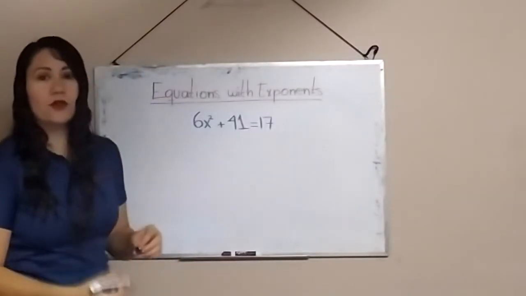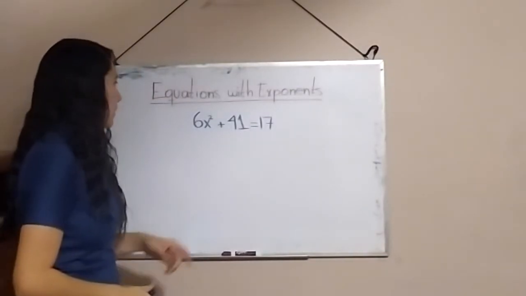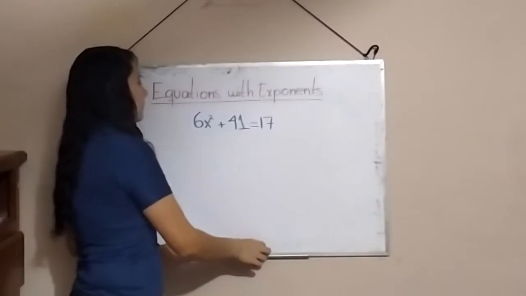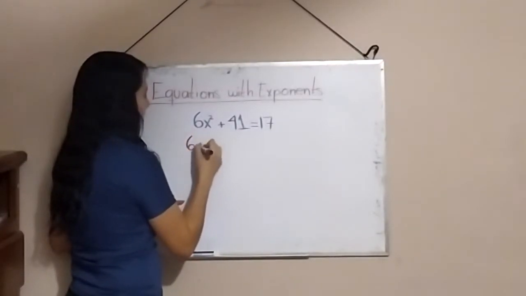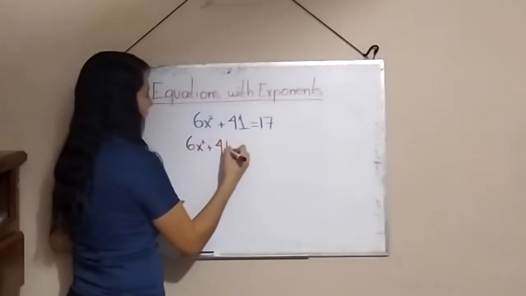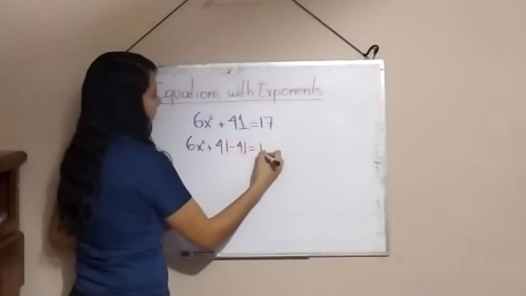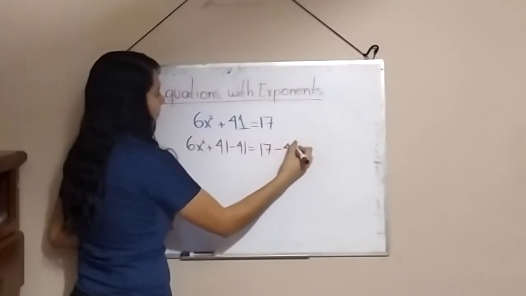Let's see. Order of operation upside down. First, we are going to remove the addition. 6x squared plus 41 minus 41 equals 17 minus 41.